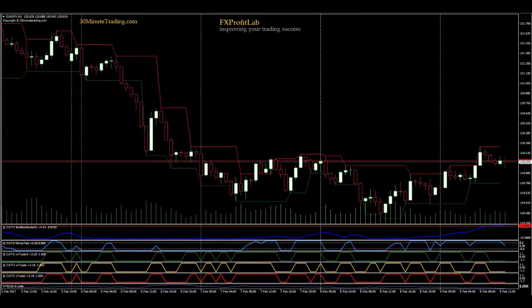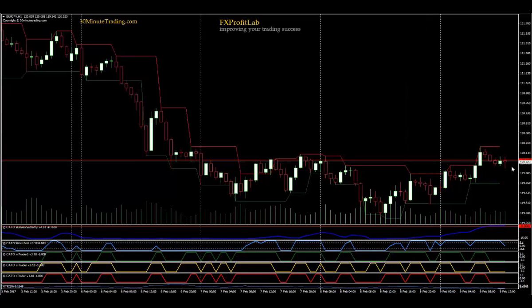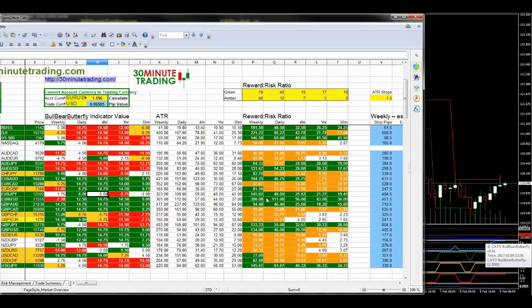So let's bring up the hourly chart. Hourly chart is here, bull bear butterfly is down here, minus 8.75. Next chart, the 4 hourly, we're down here, bull bear butterfly is down there, minus 13.5.